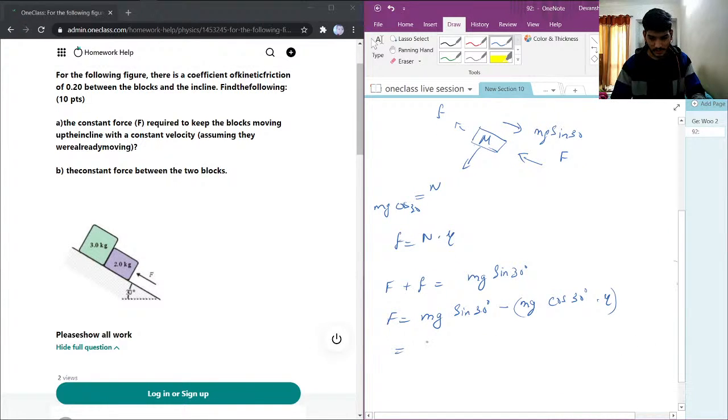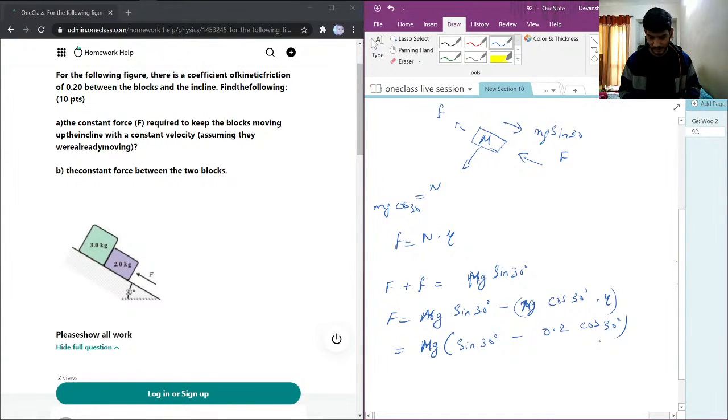Now I can say that take the common. So this M is going to be the capital M, mass of whole combined. This sine 30 minus 0.2 times cosine 30.